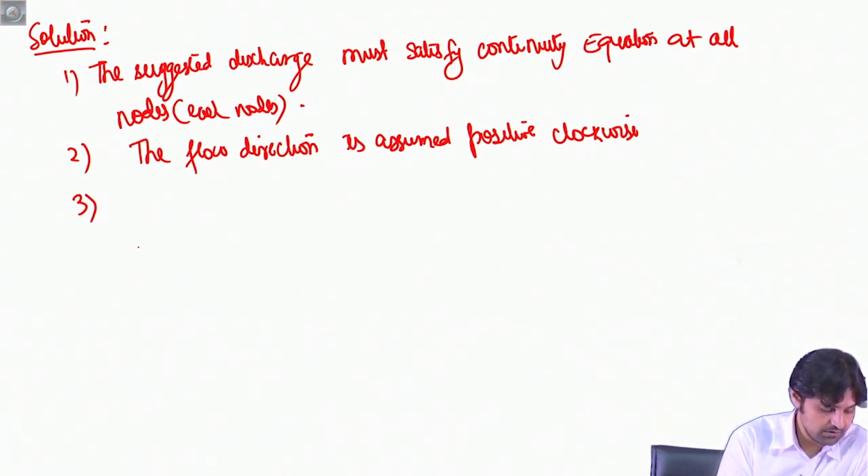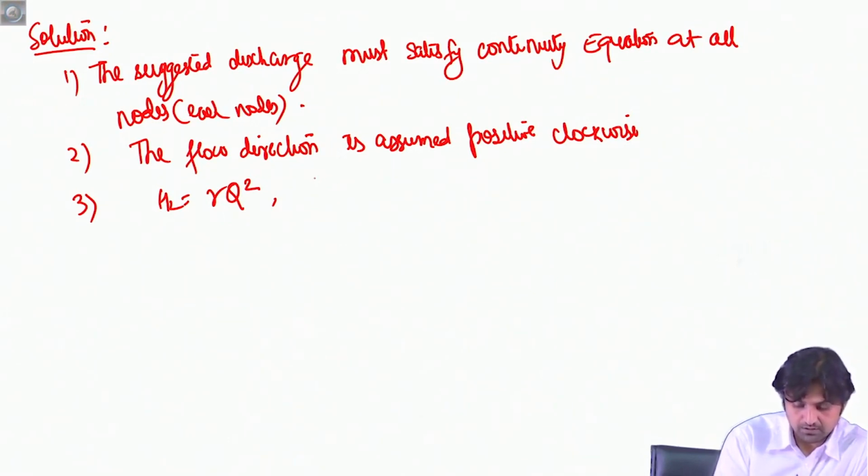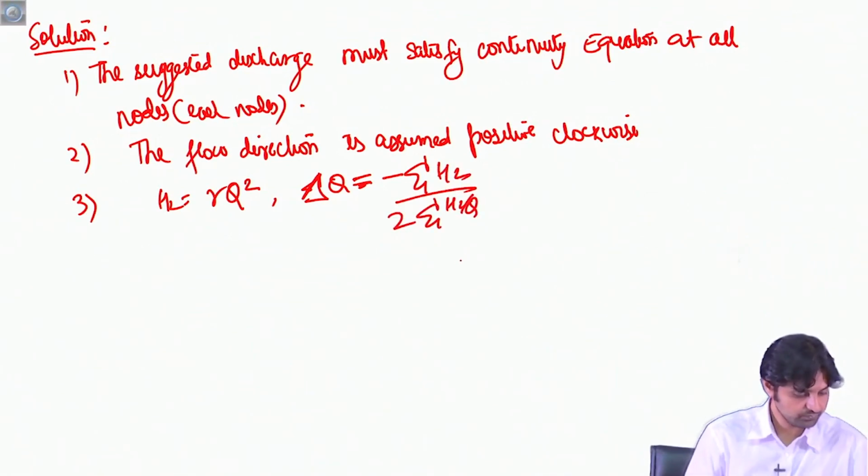Third, you have to calculate HL as RQ square, and we also have to calculate delta Q as minus sigma HL divided by 2 sigma HL by Q.